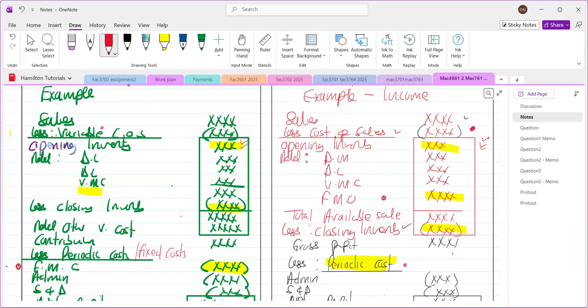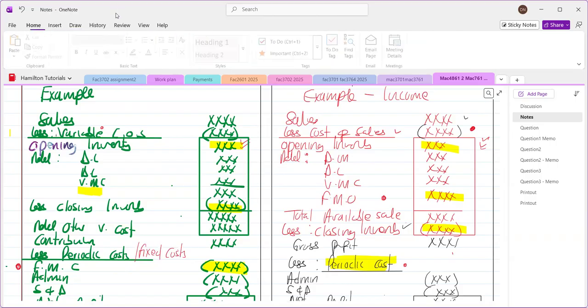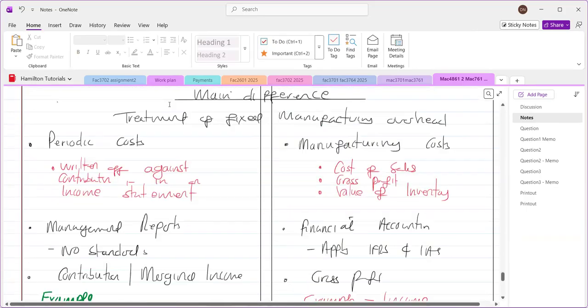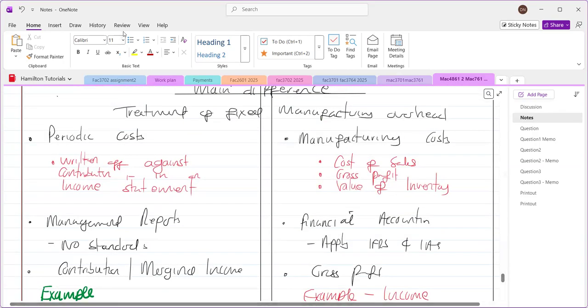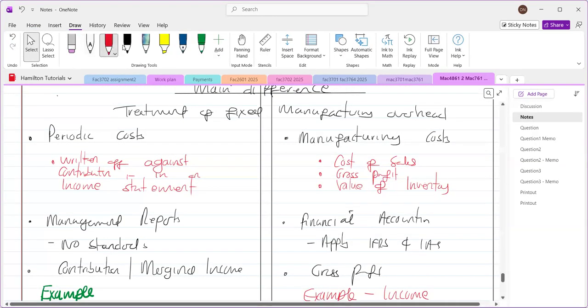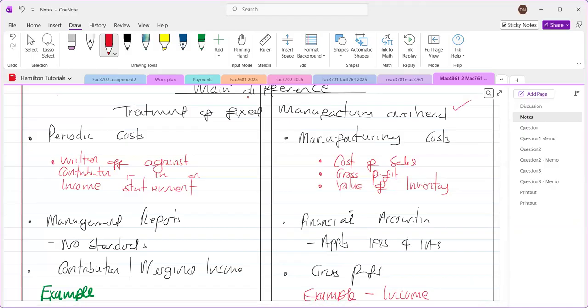Thank you. Wonderful. So that's the detail that is there. Anything else is academic, like which contribution is default, which one is not. The most important thing is how you treat the fixed manufacturing overhead. Remember, at this level, we are not only concentrating on calculations.